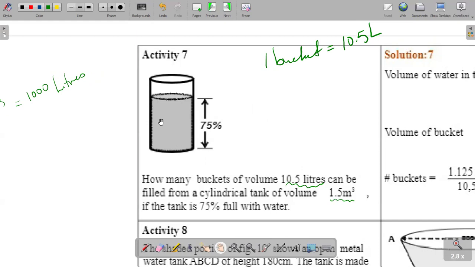This is the reading part we talk about, and I need more people to respond. I'm not asking you to work out anything, I'm just asking you to tell me what you understand from the sentence. Does it represent the volume of the tank or the volume of the water in the tank?